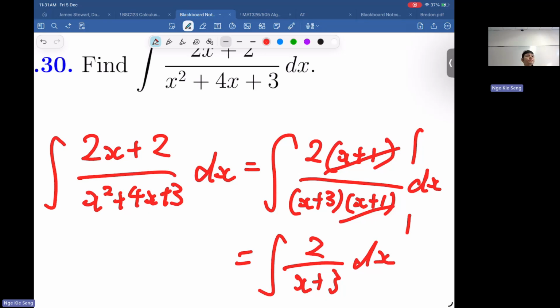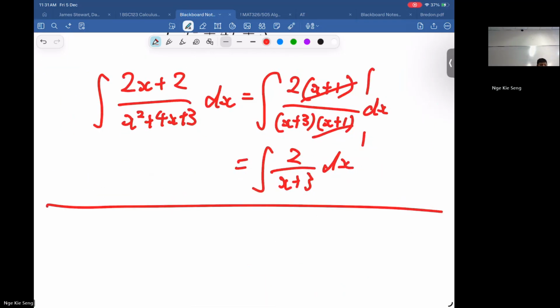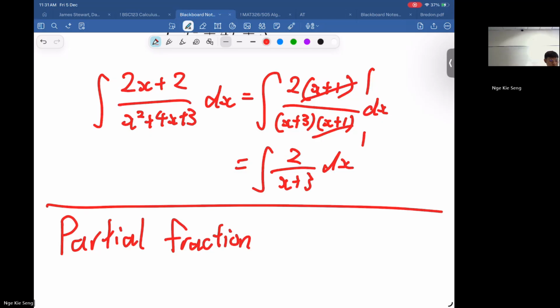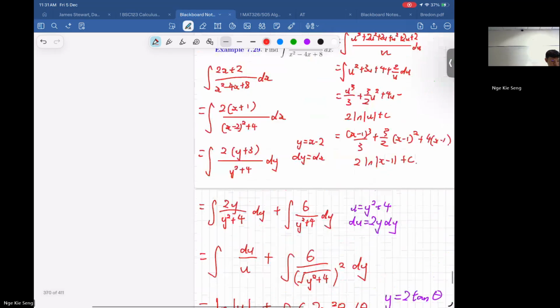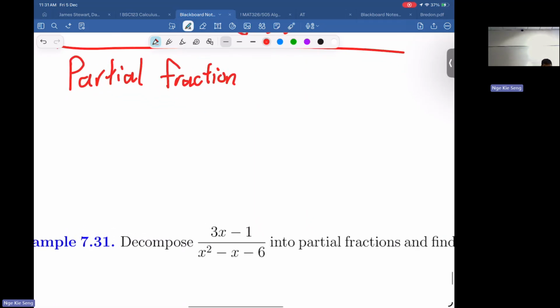Okay, so far so good. So this is about rational function. Next part of rational function, we will use the method called partial fraction. For the rest, we will learn partial fraction, meaning you will write the fraction into a sum of fractions.